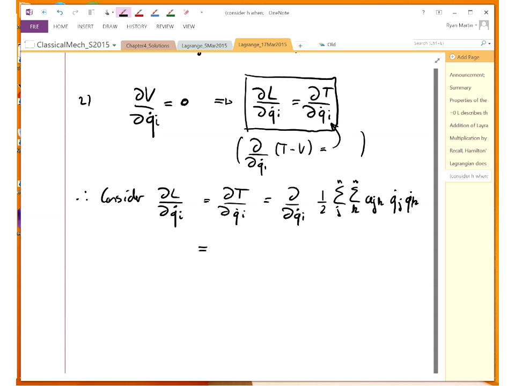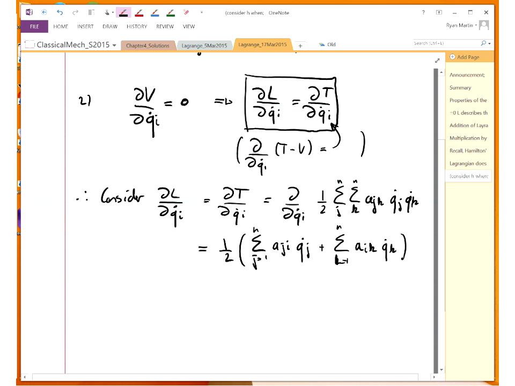If you don't believe me, you can go and write out the double sum. It's not that big for one particle in Cartesian. But what you'll find is that when you take this derivative, you're going to get 2 times the same term. You're going to get a half the sum from J equals 1 to n of A_JI q_J dot plus the sum from K equals 1 to n of A_IK q_K dot.